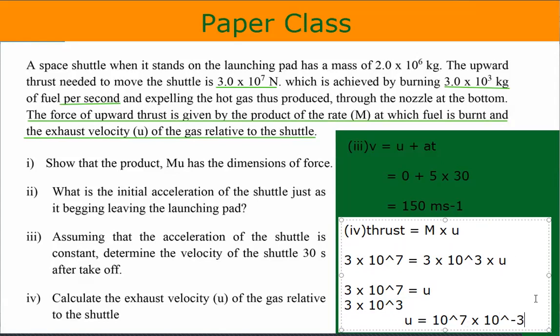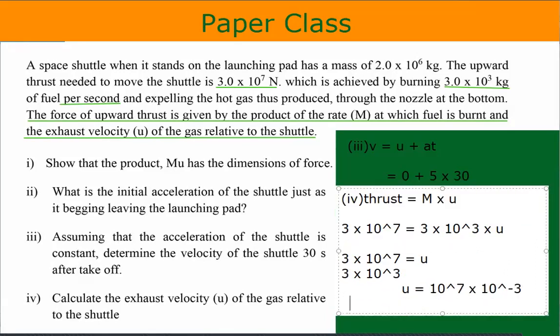So what is the final answer then? U equals 10 to the power 4. Very good, excellent. 10 to the power plus 7, 10 to the power minus 3, so 7 minus 3 is 4. So that is 10 to the power 4 meters per second.